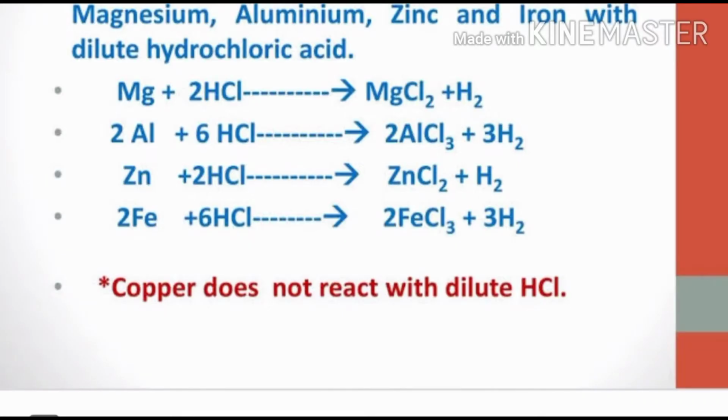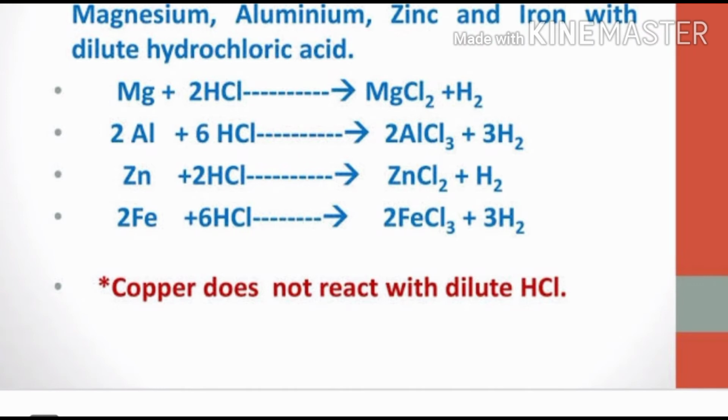Similarly, you will notice zinc and iron will also react with hydrochloric acid. Zinc will react with hydrochloric acid, forming the compound zinc chloride and hydrogen gas. Iron reacts with HCl, forming iron chloride, FeCl3, and during this process hydrogen gas is released.